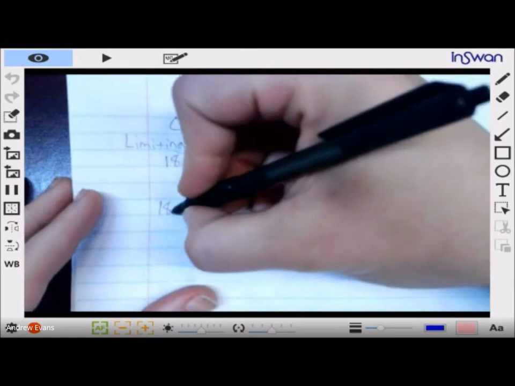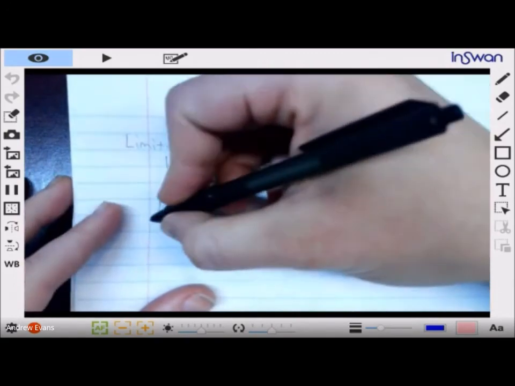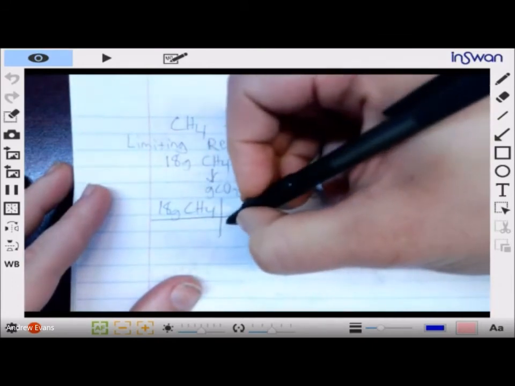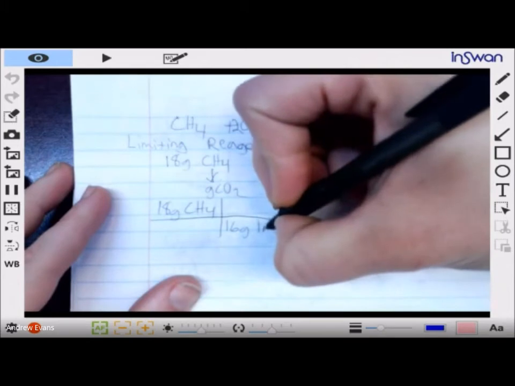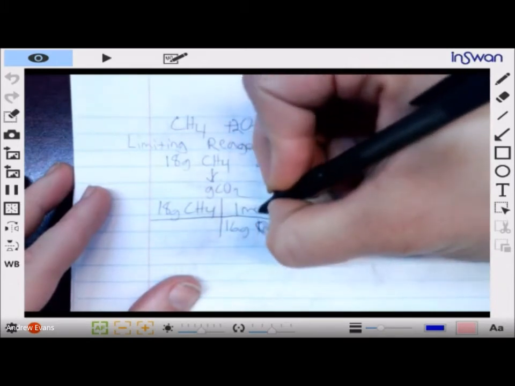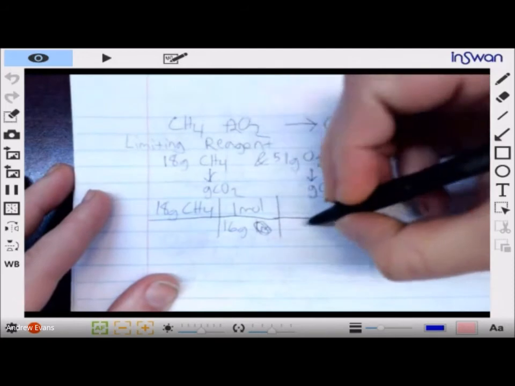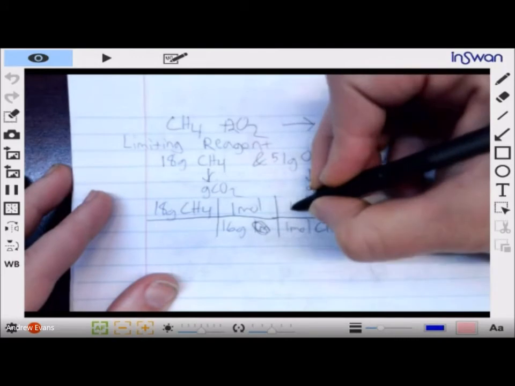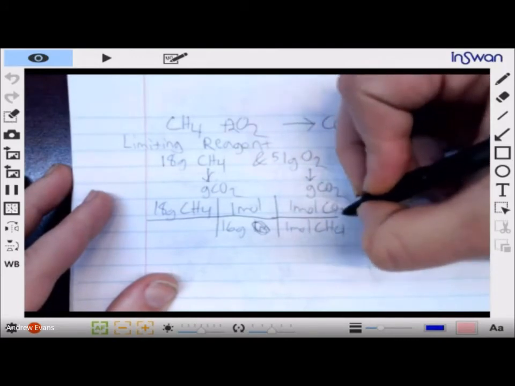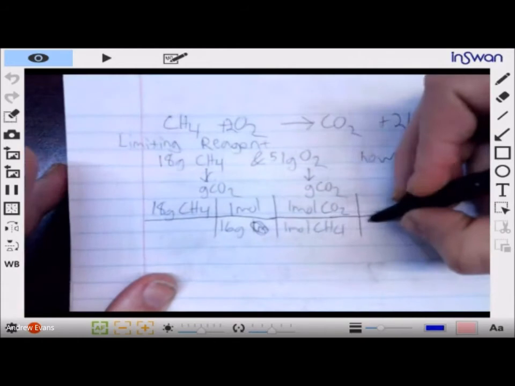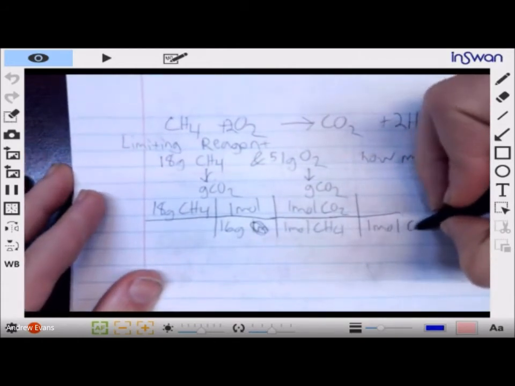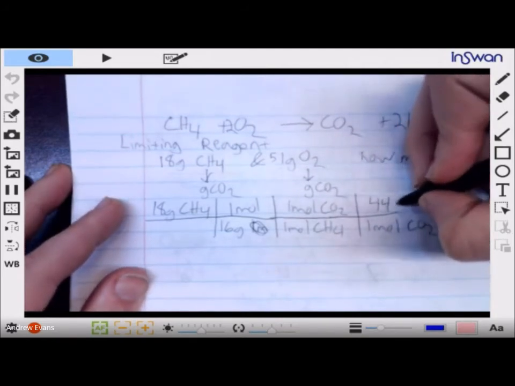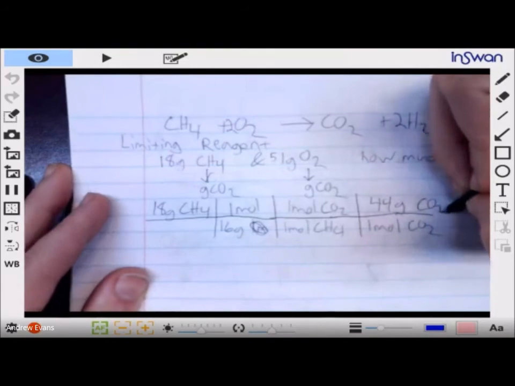So 18 grams of methane. Systematically, carbon is 12, hydrogen is 1. It is 16 grams per one mole. For every 1 mole of methane, we make 1 mole of CO2. And CO2, oxygen weighs 16, so 2 of them is 32, so with another carbon, it's 44 grams CO2.